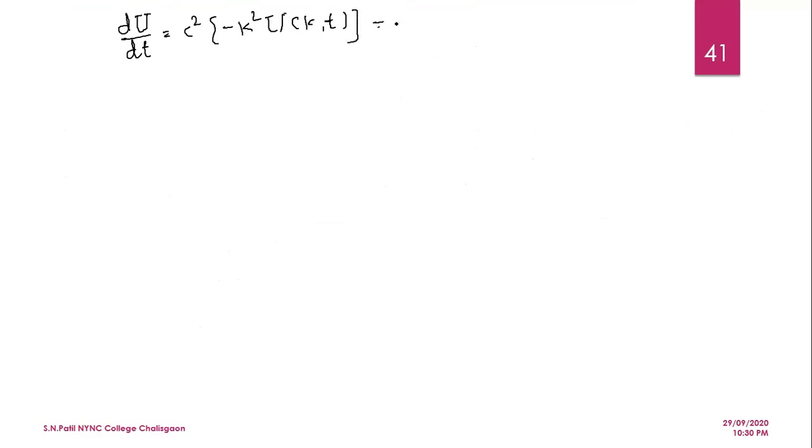Now simplify: minus c square k square into capital U. You can write simply capital U; otherwise U is a function of k and t, the meaning is the same. Now this equation we solve using the variable separable method, so it can be written as dU upon U is equal to, separating the variables, minus c square k square dt.